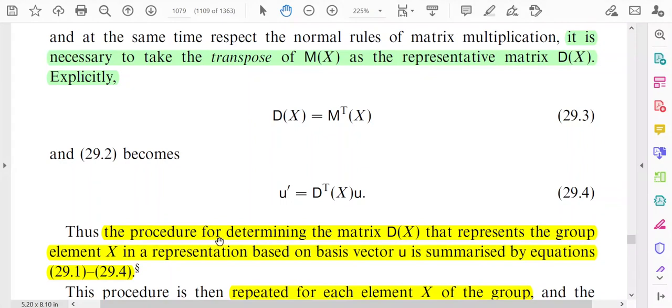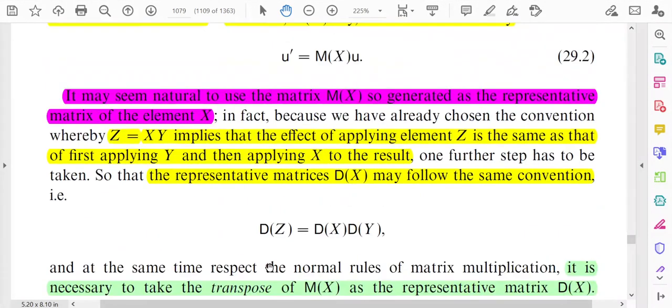Now the procedure for determining the matrix dx that represents the group element x in a particular representation based on basis vector u. We have to stress on this particular sentence, that this particular representation is based on basis vector u. Now the procedure to determine the representative matrix dx is summarized from equation 29.1 to 29.4, step by step.